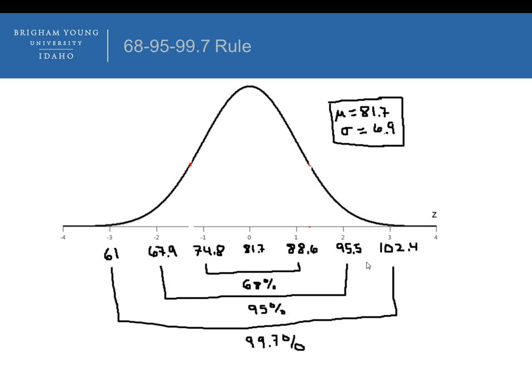Like I said in the last video, I can ask this question both ways. I can ask what percentage of data fall between these two numbers, and that would be 68%, or I can ask which two numbers 99.7% of all the data fall between. So I can ask that in two different ways, okay.